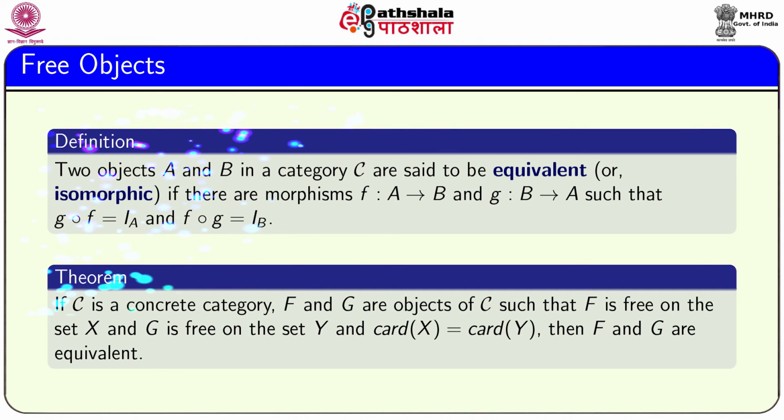Now, two objects A and B in a category C are equivalent if g composed f is identity and f composed g is identity.